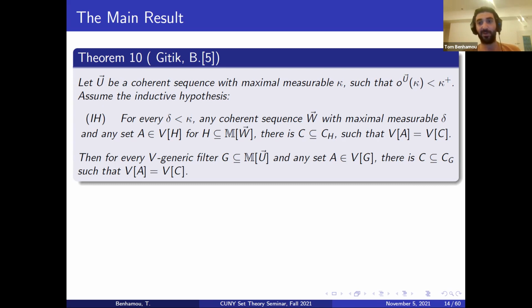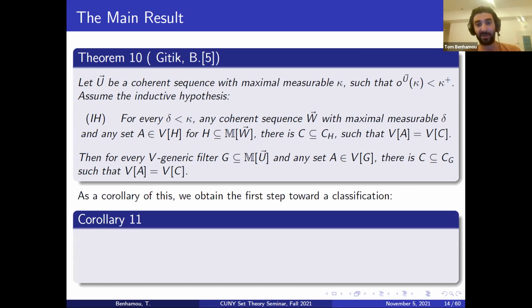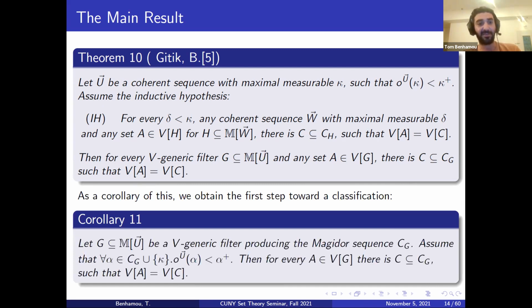Okay, so if we prove this inductive step, we can now obtain the first step towards the classification: given any V generic filter producing a G which produces a Magidor sequence CG, such that now here comes the part of the induction, for every alpha in CG, the order of alpha is less than alpha plus.